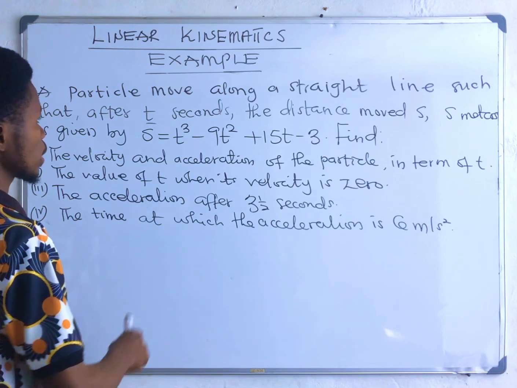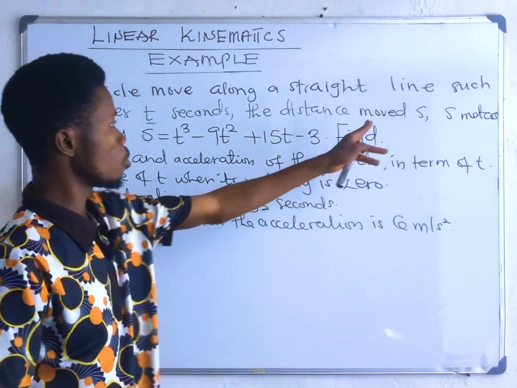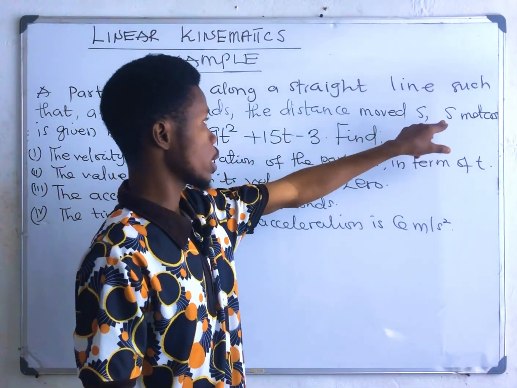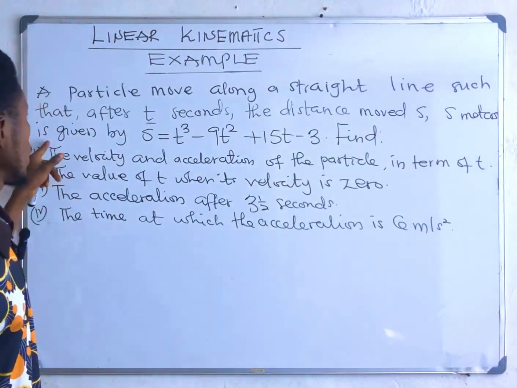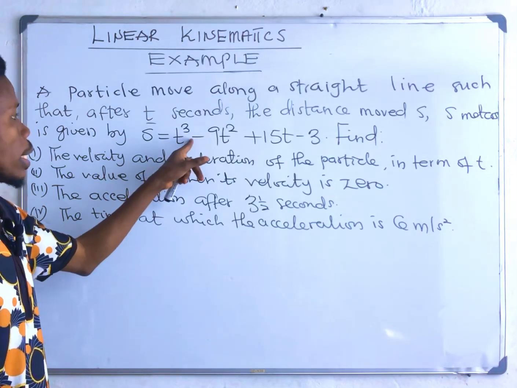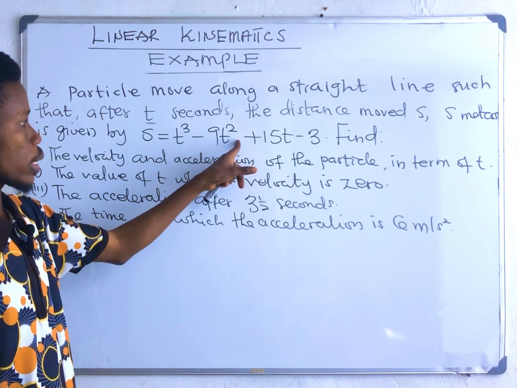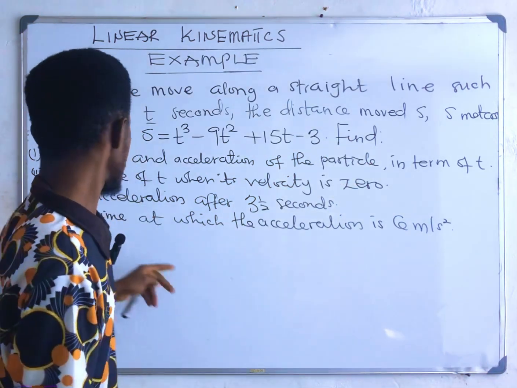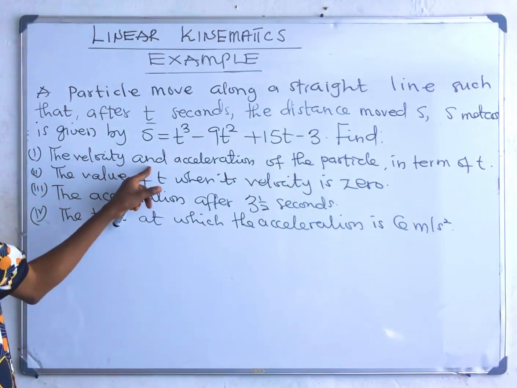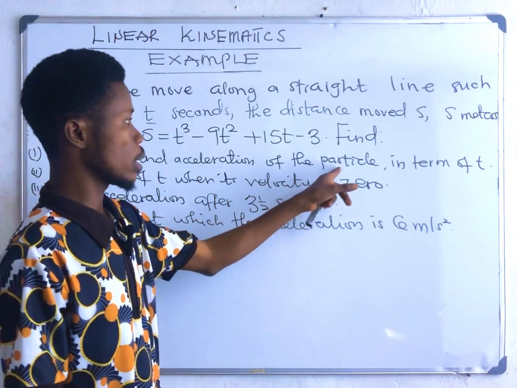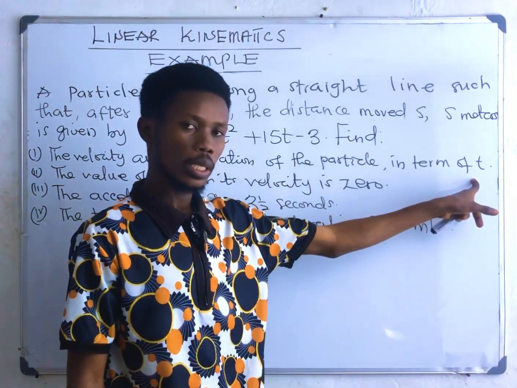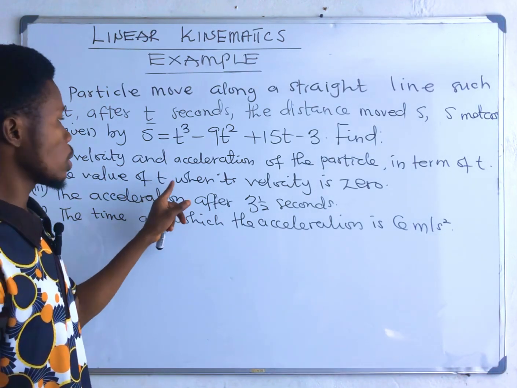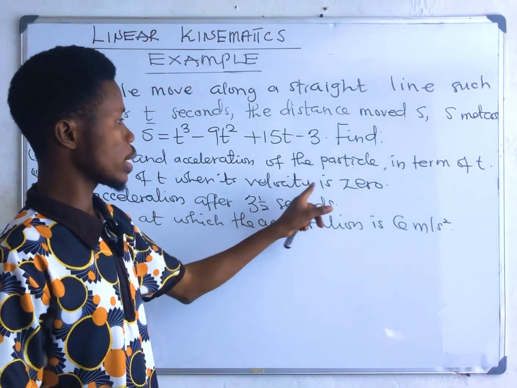After t seconds, the distance moved s, that's the abbreviation for distance, in meters, is given by s equals t cubed minus 9t squared plus 15t minus 3. Find (i) the velocity and acceleration of the particle in terms of t. (ii) The value of t when its velocity is 0.